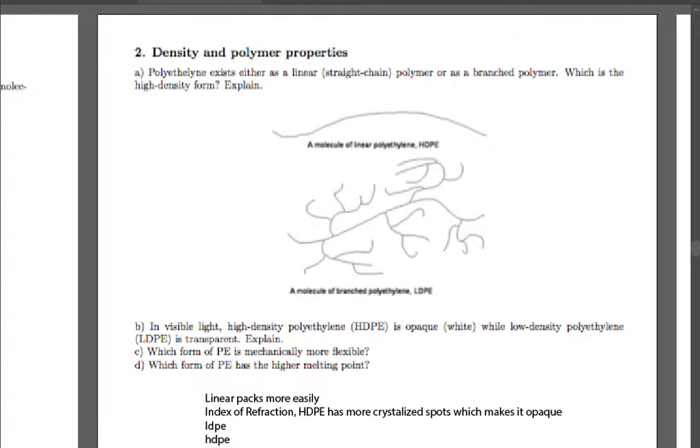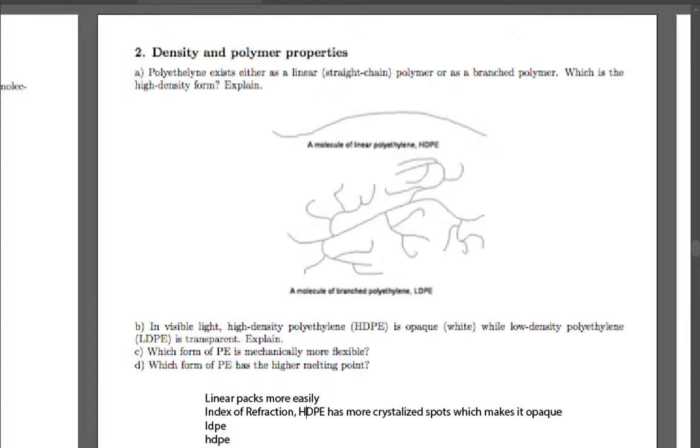For the branched one, polymers too. Let's see. Radicals, yeah. Which one is much more elastic?